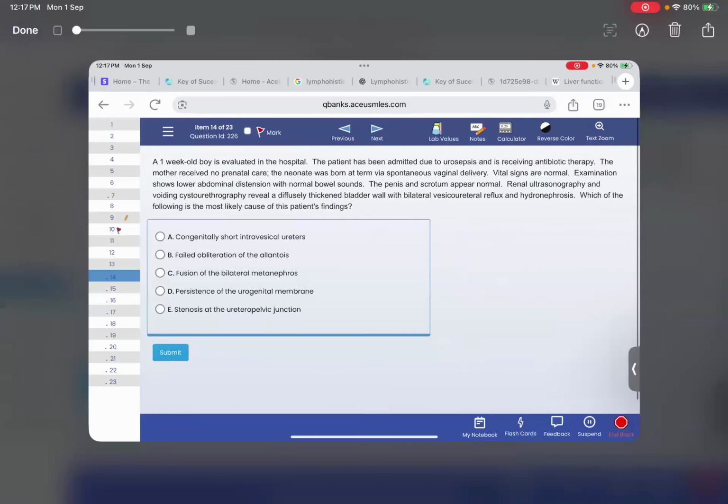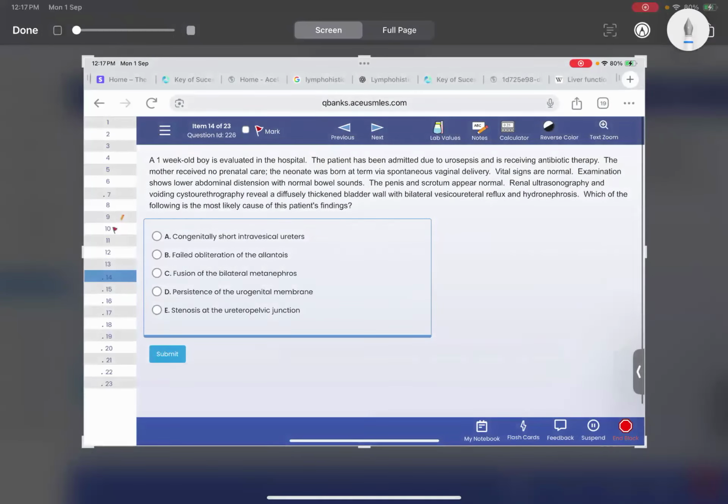Okay, which of the following is the most likely cause of this patient's finding? A 1-week-old boy is evaluated in the hospital. The patient has been admitted due to urosepsis and is receiving antibiotic therapy.